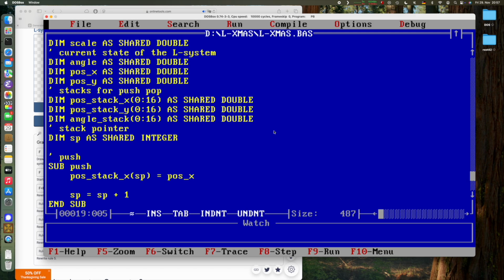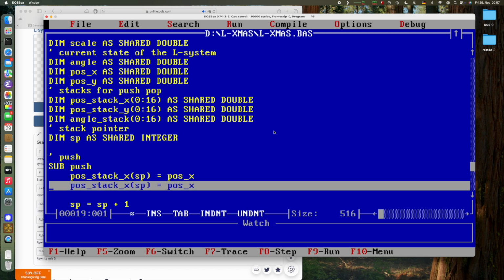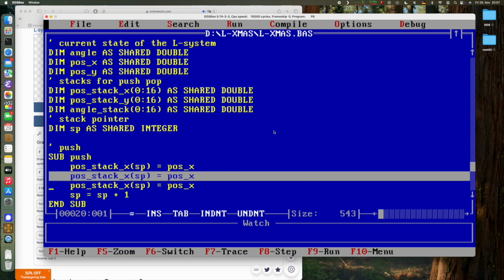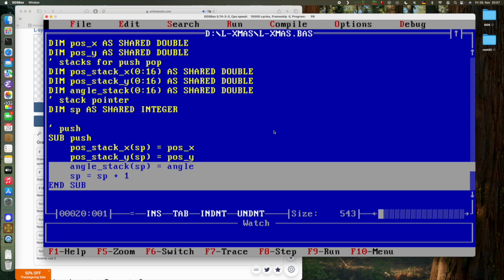Now we pushed something onto the stack. And of course the same goes for the other 2 stacks, the position Y and the angle stack. And that's already our push function.